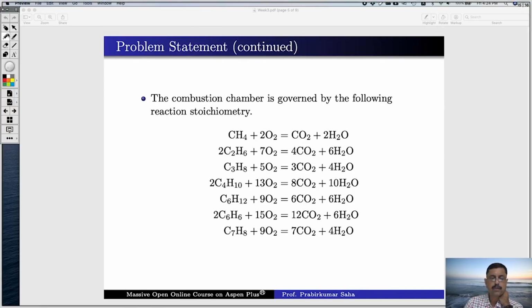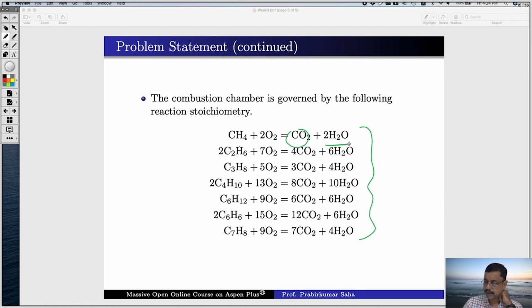Now here we find the combustion chamber. The combustion chamber is governed by the following reaction stoichiometry. So these are the reaction stoichiometry. Methane is burnt with oxygen to form carbon dioxide and water.